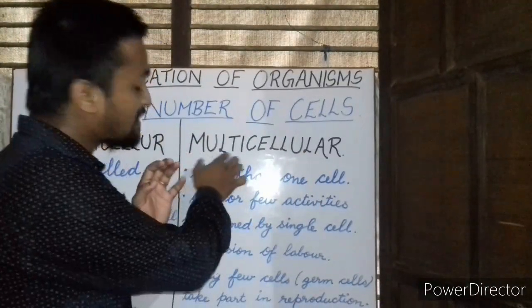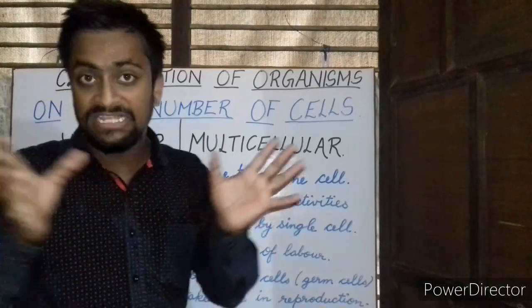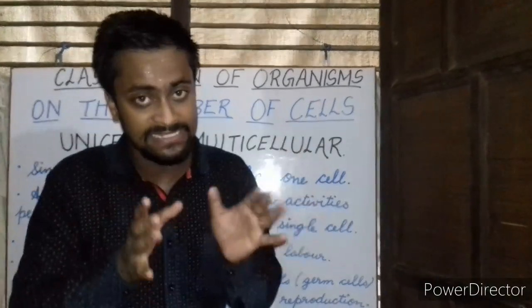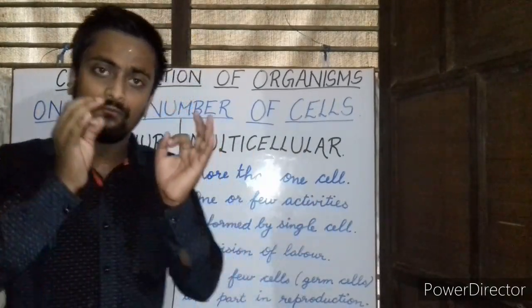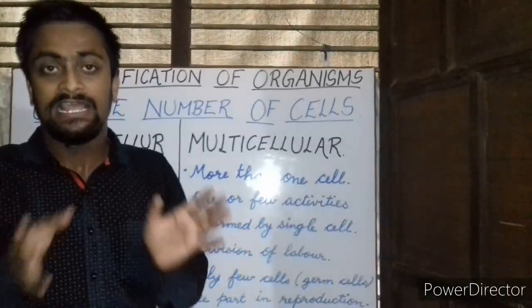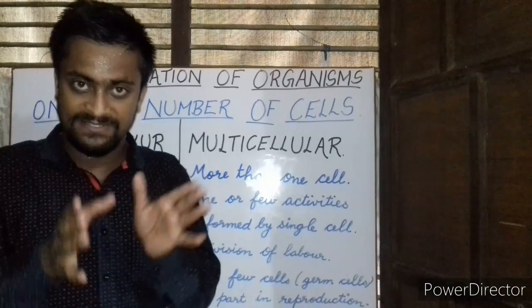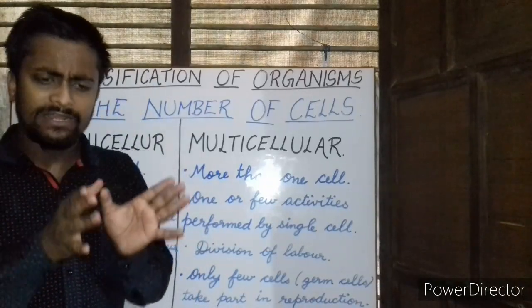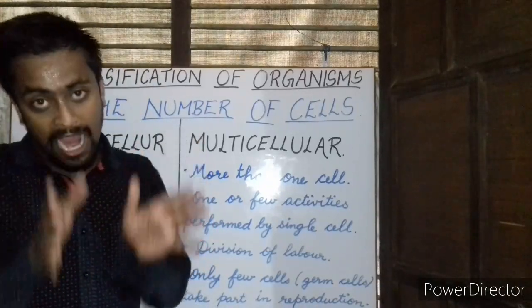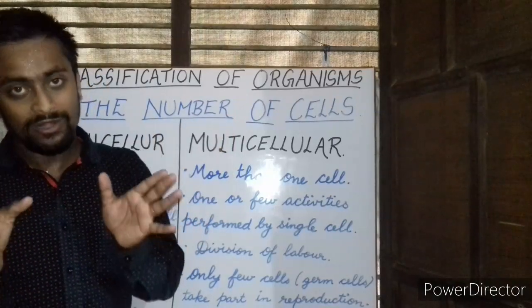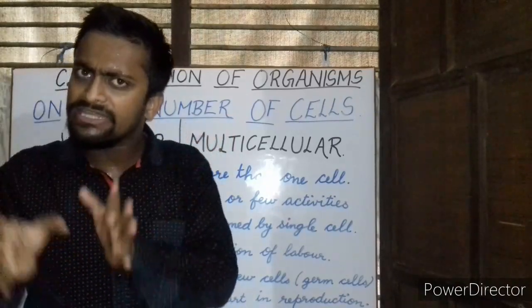Second is the multicellular organism. The word multi means many and cellular means cells. So the organisms which consist of more than one cell or many cells in their body organization are called multicellular organisms.